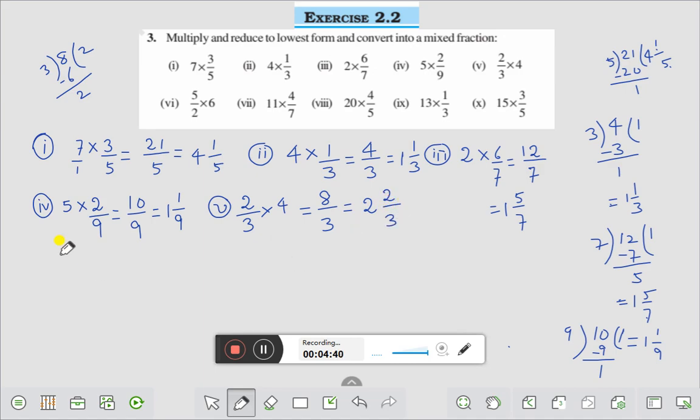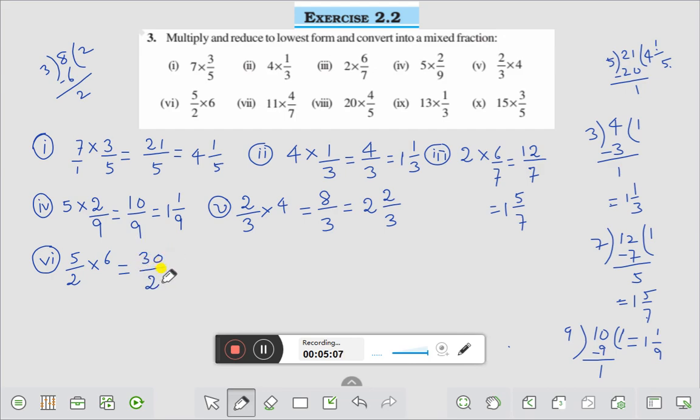Now question number 6 is 5 by 2 into 6. That is equal to 5 sixes are 30 by 2.